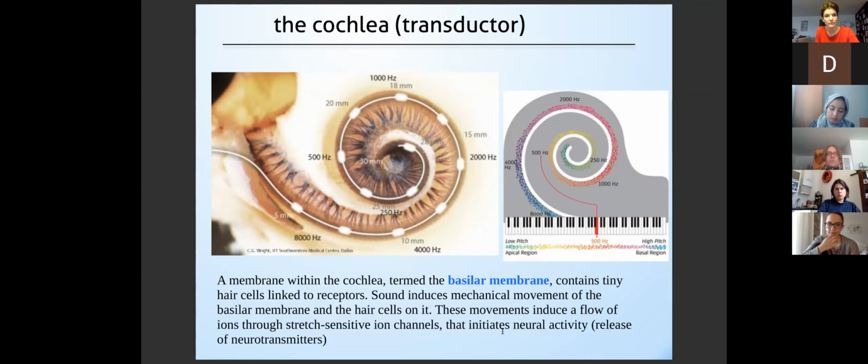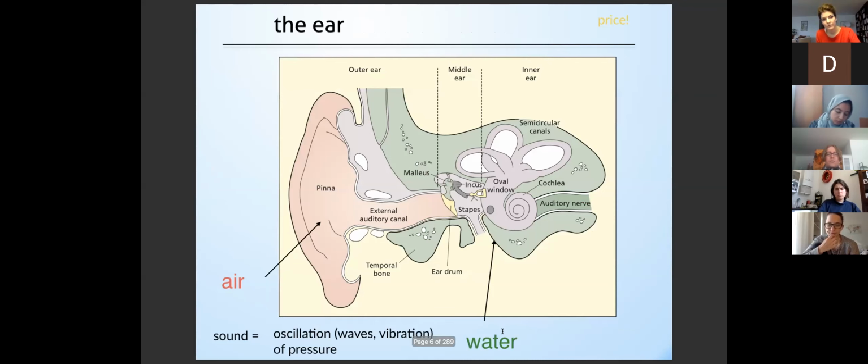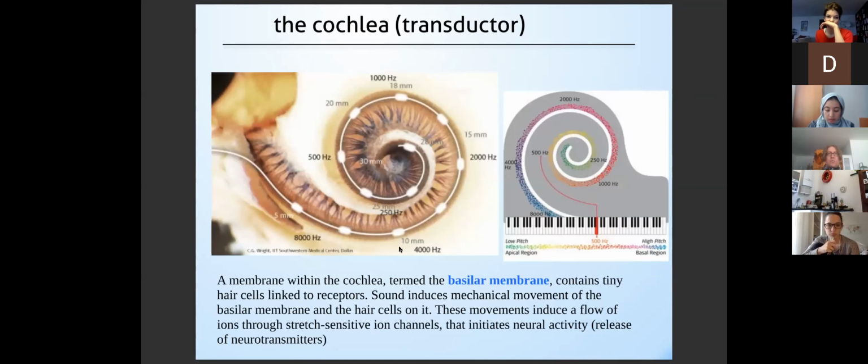So basically, all that happens is that the air vibration is amplified and transmitted to water vibration. This water is going to vibrate in your cochlea, and this vibration of the water makes the membrane attached to these little stringy cells move, stretch back and forth.